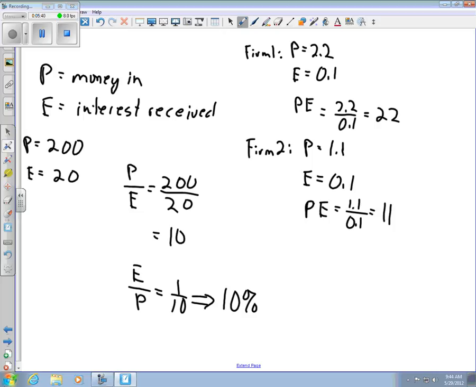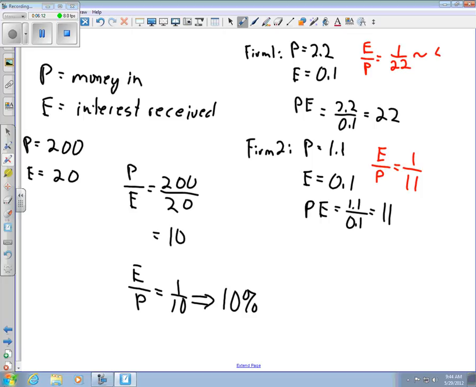So what we have is a high PE and a low PE. So invert them. Find out what a 22 PE implies. E over P equals 1 over 22, as opposed to E over P, which equals 1 over 11. This is getting around 1/20th.